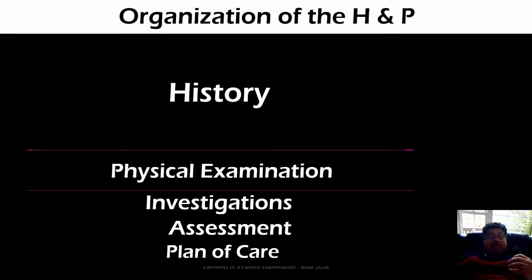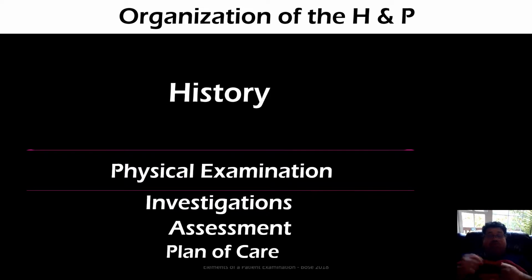The assessment is taking the data obtained from history and physical and extrapolating them into whether there is a problem, what are the causes of those problems, can these problems be treated by physical therapy, or does it need an external person to intervene? And then what would be the prognostic timeline for physical therapy to achieve a goal that is suggested within this time period that you are expecting?